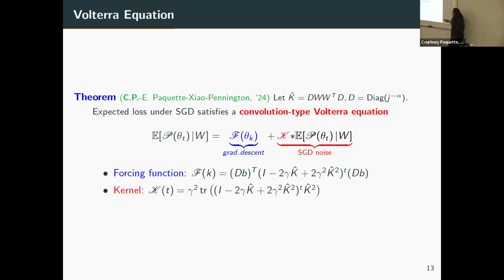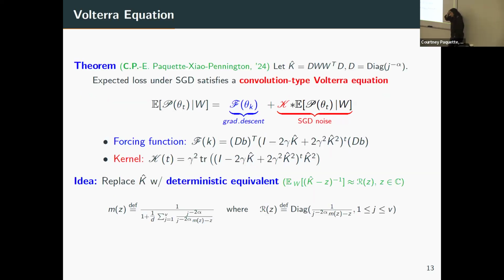It's in expectation, and you can write down what the forcing function is. It's just a function of the eigenvalues of this K hat matrix. Now this K hat matrix is random, because W is still a random matrix with normally distributed entries. But if you know random matrices, there's a way to replace a random matrix with its deterministic equivalent, an equivalent deterministic matrix whose eigenvalues are the same, at least in distribution, as your random matrix.